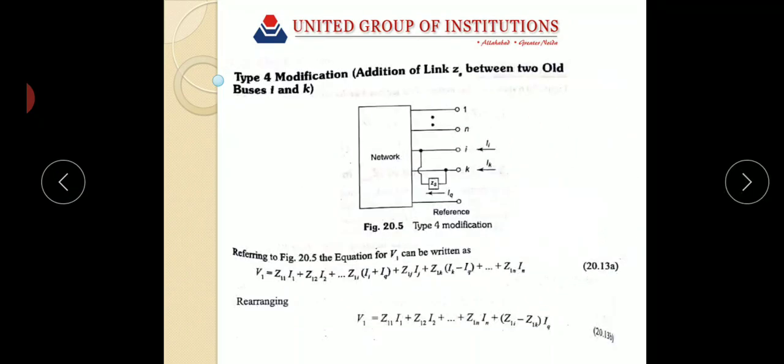Now come to the type 4 modification, addition of a link Zs between two old buses i and k. The figure shows the type 4 modification.